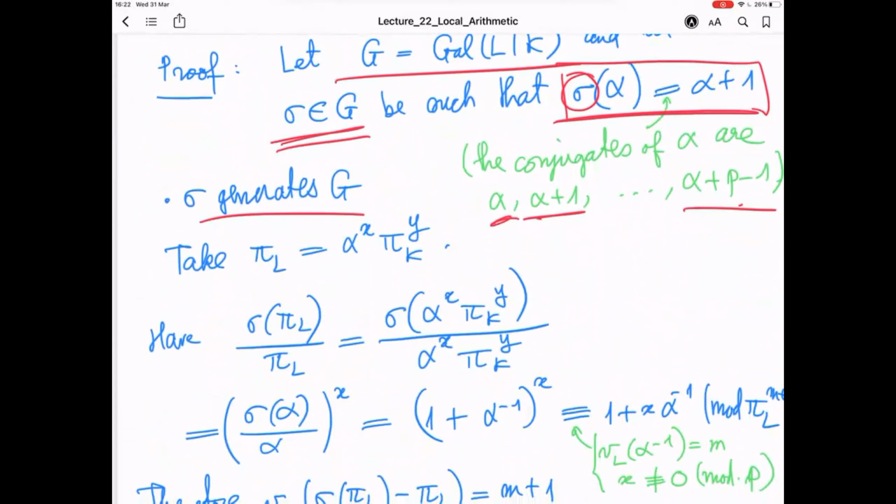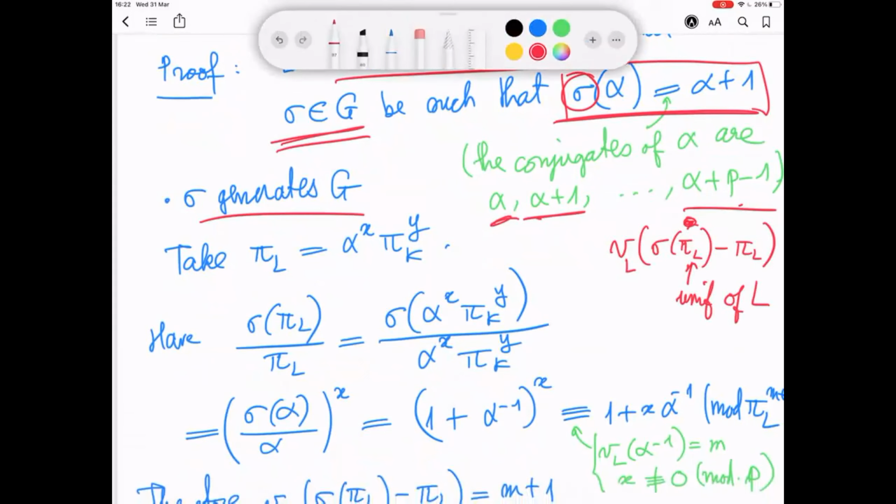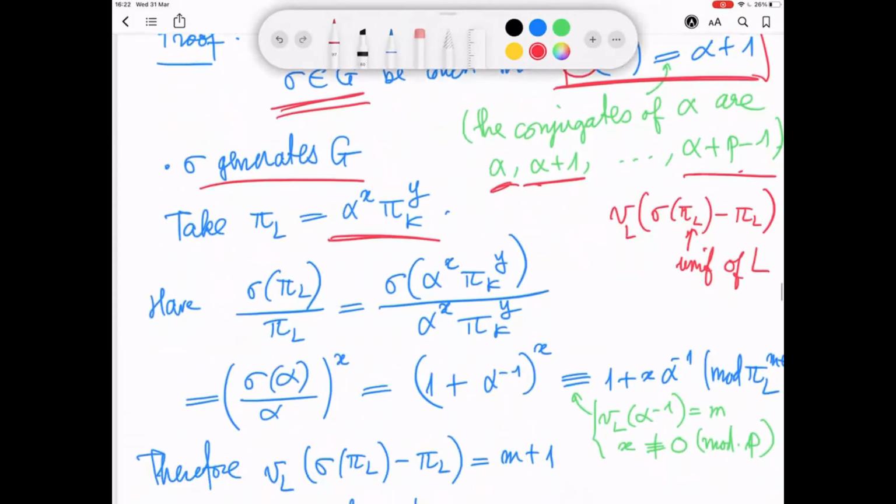So the ramification break will be determined by what the valuation of sigma pi_L minus pi_L is, where pi_L is some uniformizer of L. So what I do is I take pi_L equal to this uniformizer, which I've already computed.